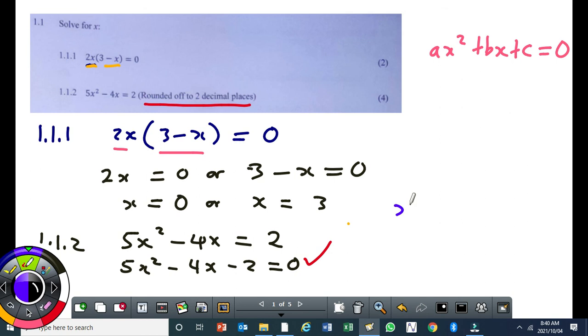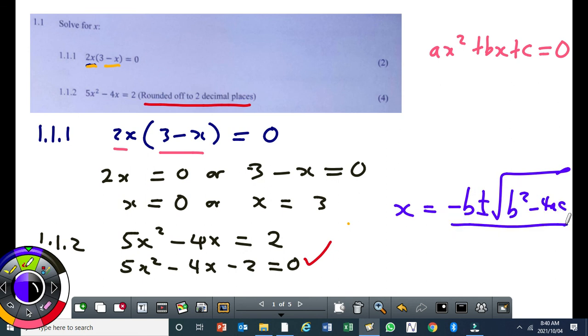It's x equal to minus b plus or minus the square root of b squared minus 4ac all over 2a. That's your quadratic formula. It is also provided on the information sheet. But I expect you to have it here in your head. Unless you are not sure, then you can refer to the information sheet.